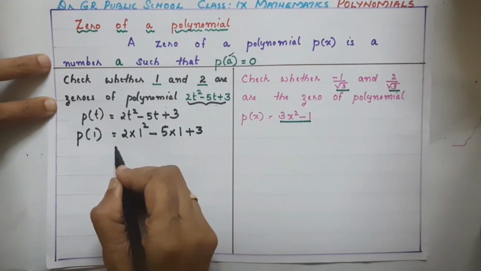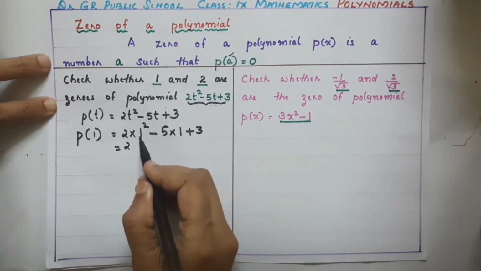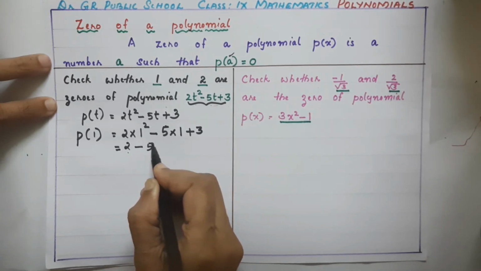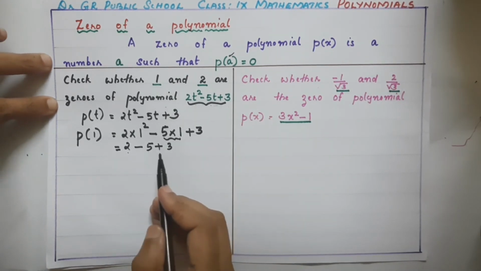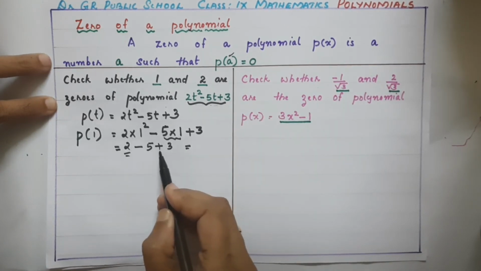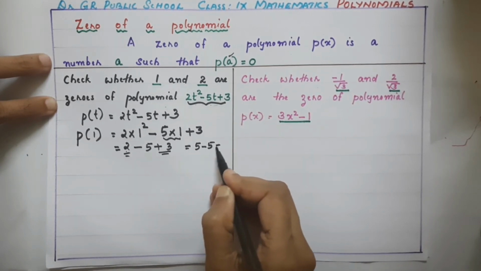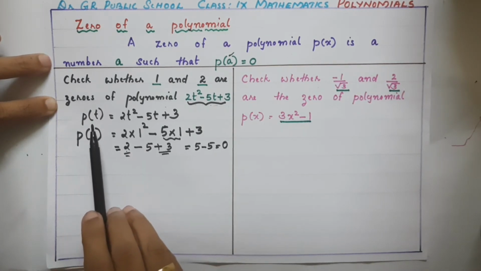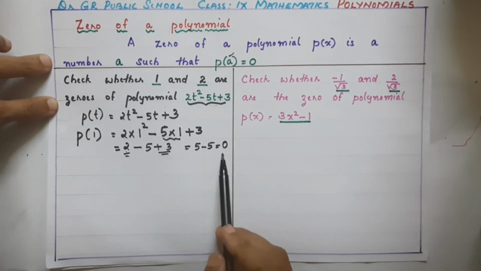It is equal to 2 into 1. 1 square is 1. So 2 into 1 is 2. Then minus 5 into 1 is minus 5, then plus 3. Here 2 plus 3 is 5. Then minus 5. What is it? 0. So what did we get? When we put 1 for t, we got the polynomial value as 0.